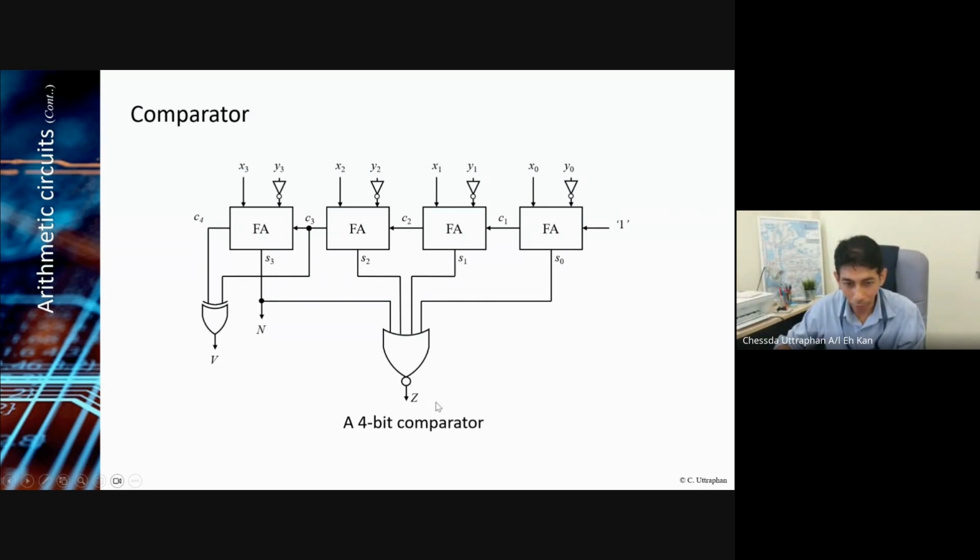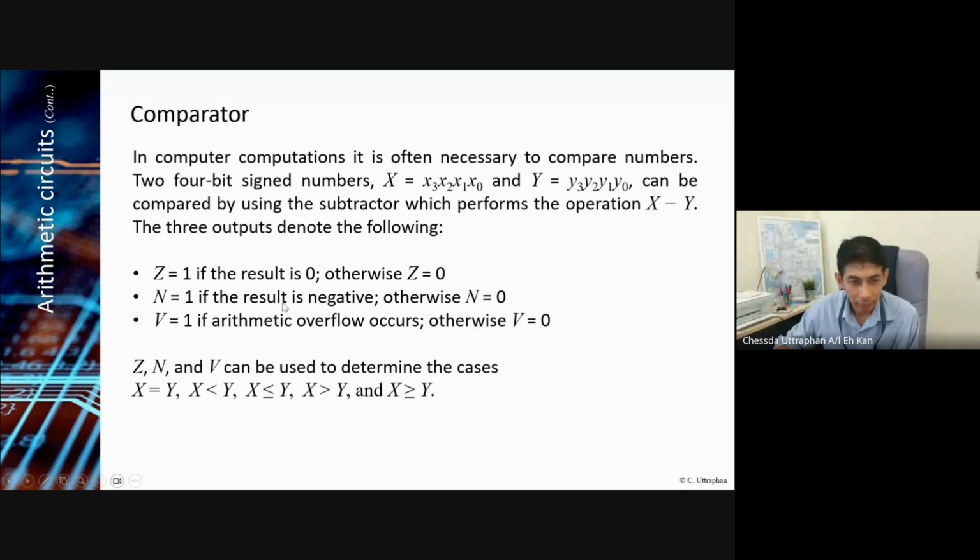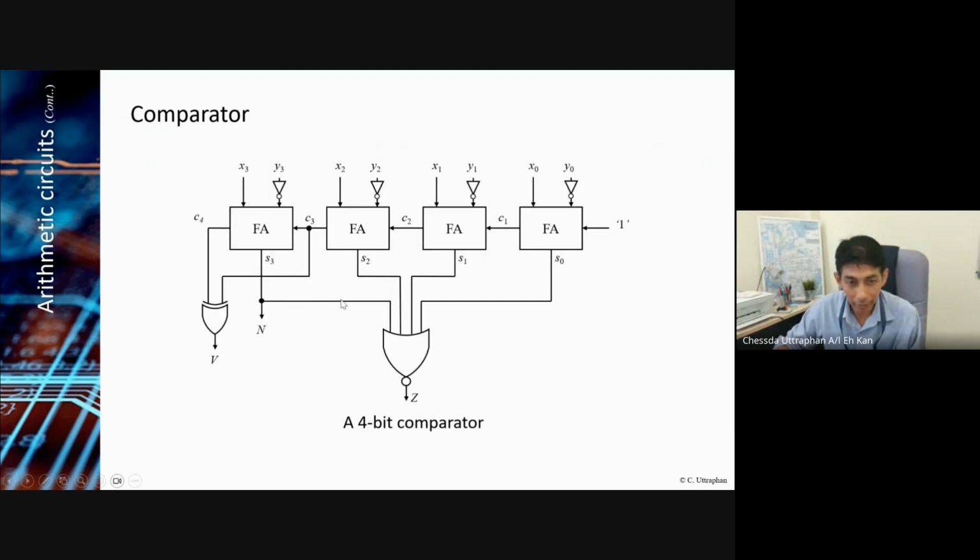Otherwise, z will always be 0. This means that if z equals 1, x and y are equal, x equals y. That's easy to check. So z equal to 1 means the result equals 0, meaning that if z equals 1, x equals y, right? That's it.